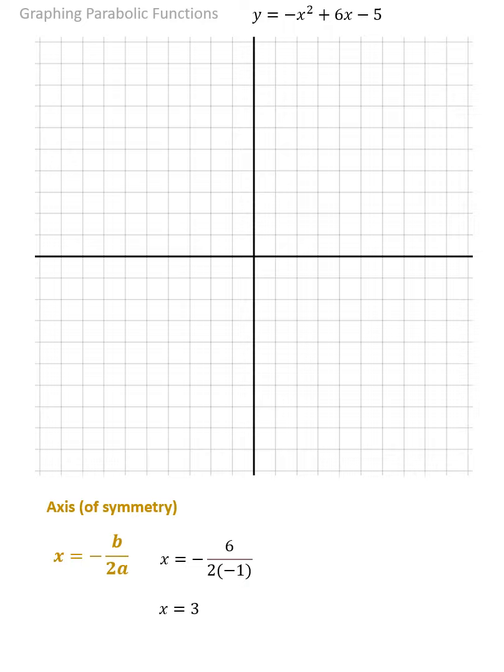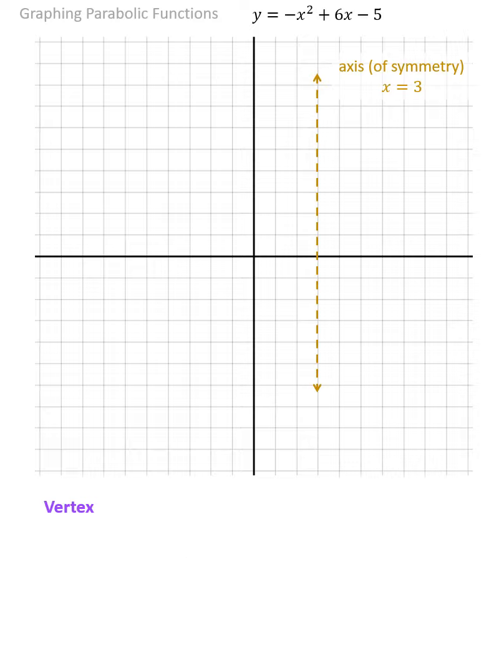Now watch the graph as you will see that axis of symmetry appear. The axis of symmetry will be a vertical line, and in this case, we know it's going to be at 3. That's feature number one. The second feature I like to find is the vertex.